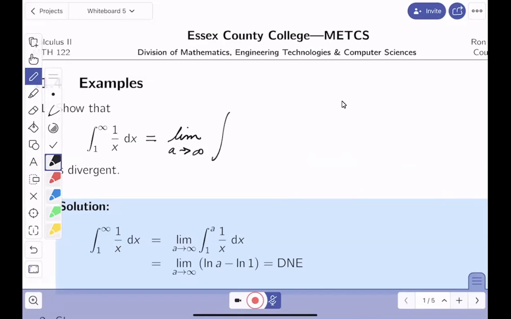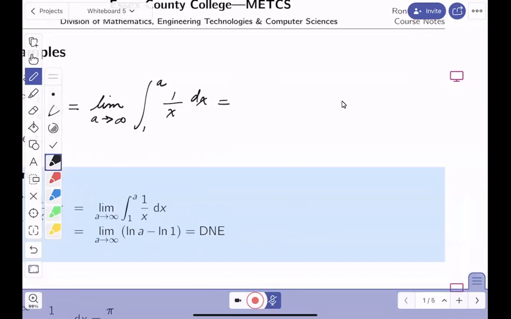And what do you get over here? You get the integral from 1 to a of 1 over x dx. Well, this is fairly easy to do. This is limit a goes to infinity. The antiderivative of 1 over x is the natural log of the absolute value of x.